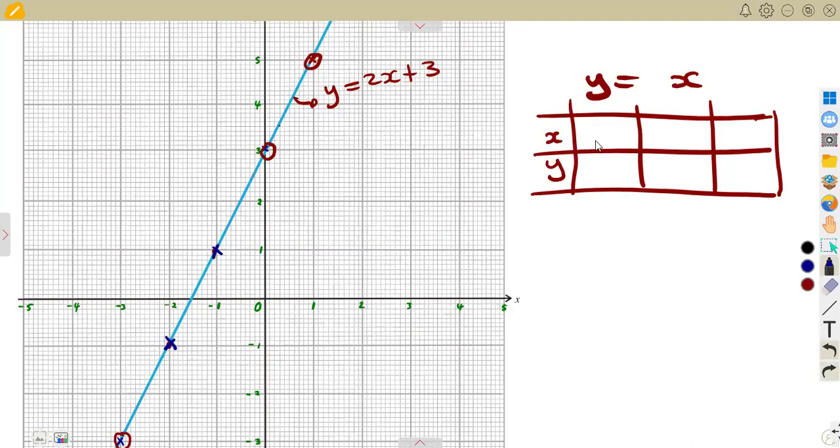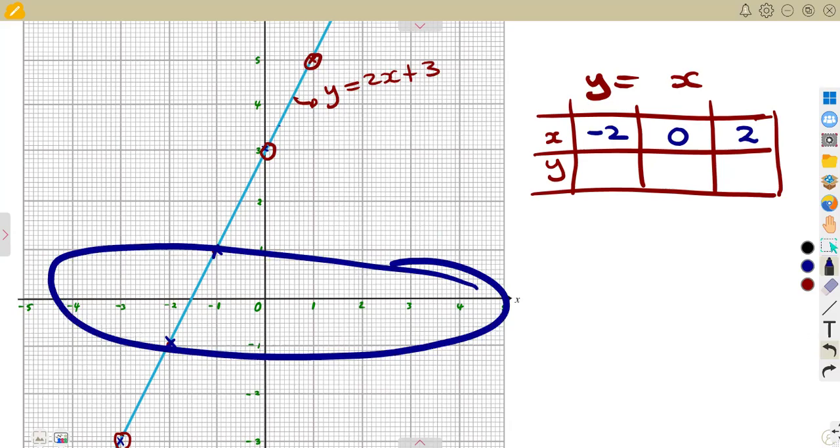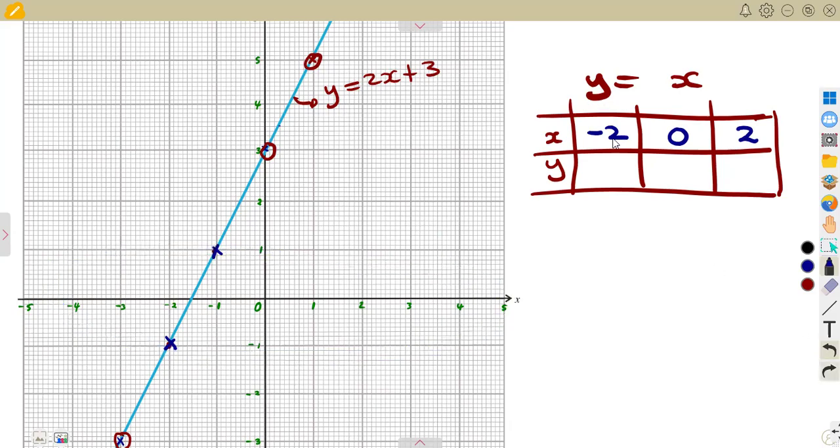When x is -2, when x is 0, when x is 2. This is your input, so you substitute x with -2, and y in the end is -2. If x is 0, y is 0. When x is 2, y is also 2. They're just the same.